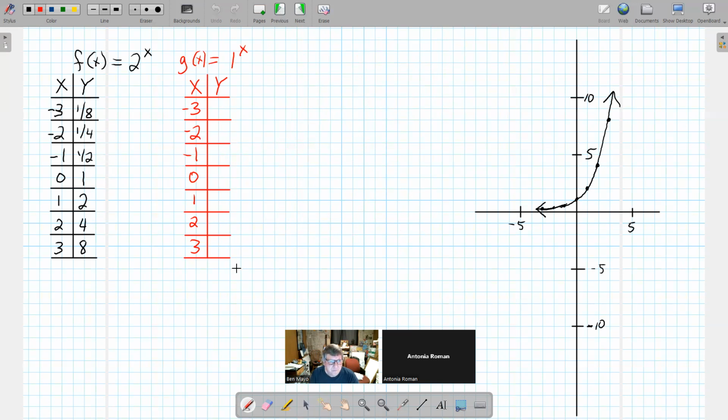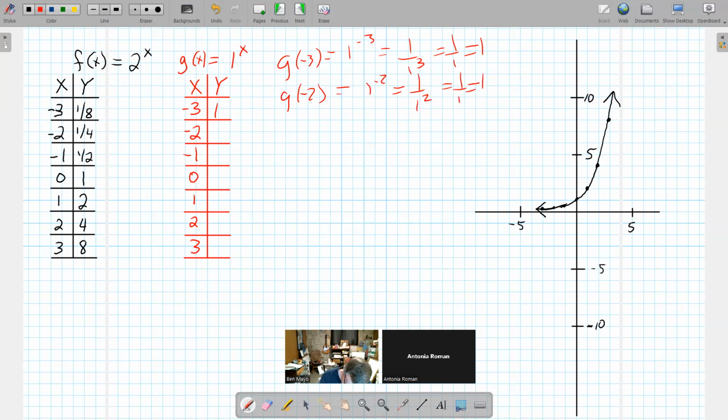How about this one? What if the base is 1? G of -3 is 1 to the -3 power, which is 1 over 1 to the +3 power, which is 1 over 1, which is 1. G of -2 is 1 to the -2 power, which is 1 over 1 squared, which is 1 over 1, which is 1.